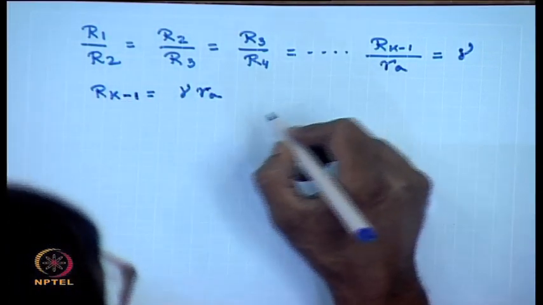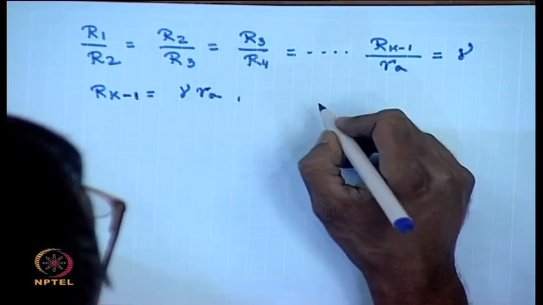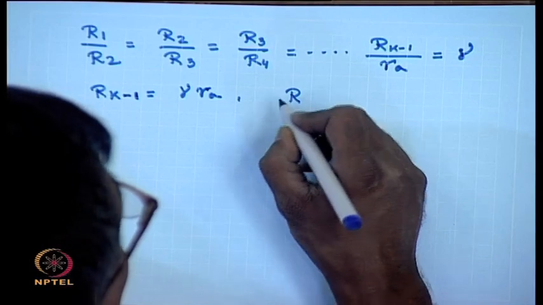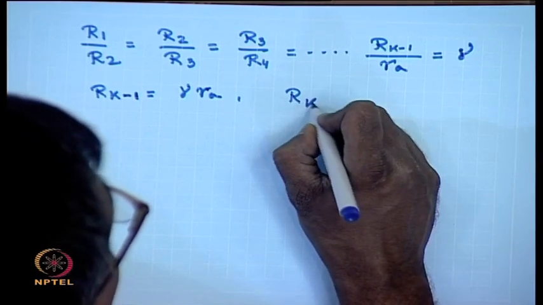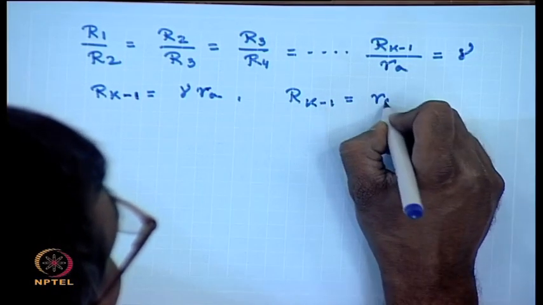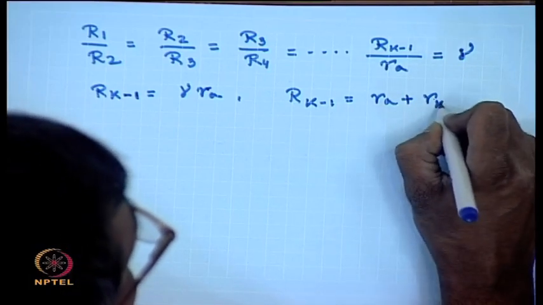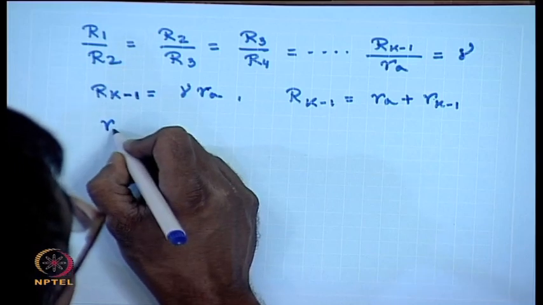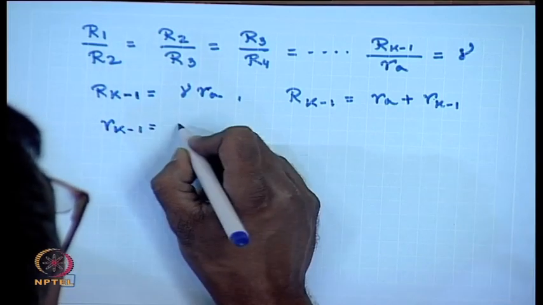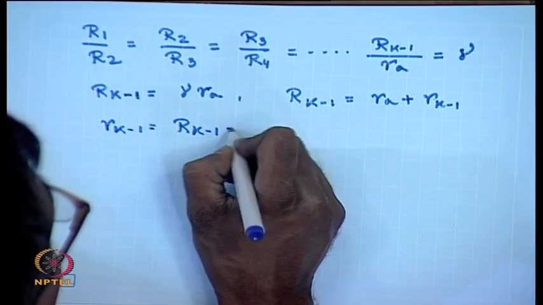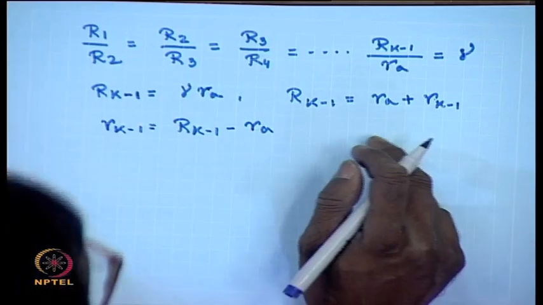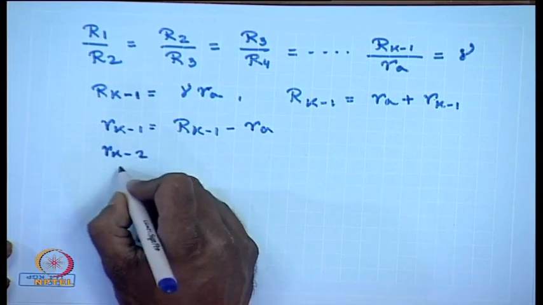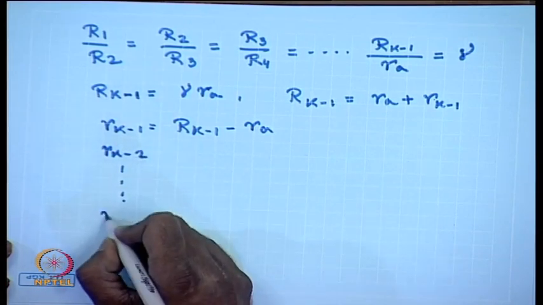So, the last sectional resistance can be found out, which is R_{k-1} equal to Ra plus small r_{k-1}. So, small r_{k-1} equal to R_{k-1} minus Ra. This way it will continue till we find out all the smaller individual resistances.